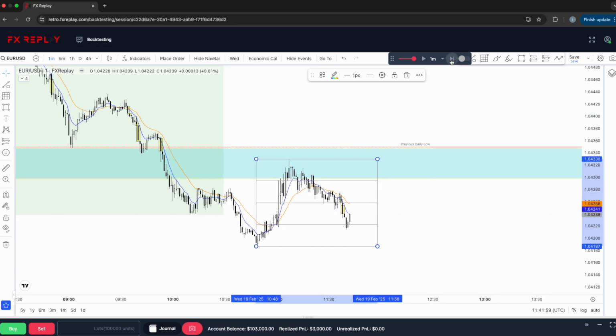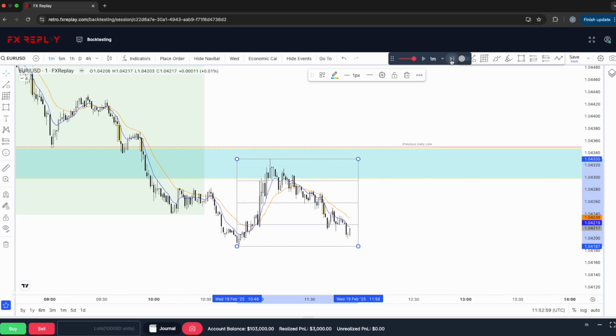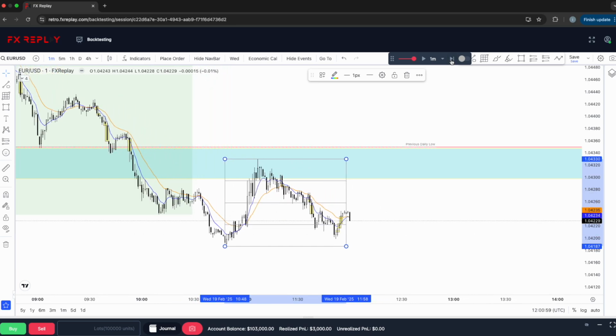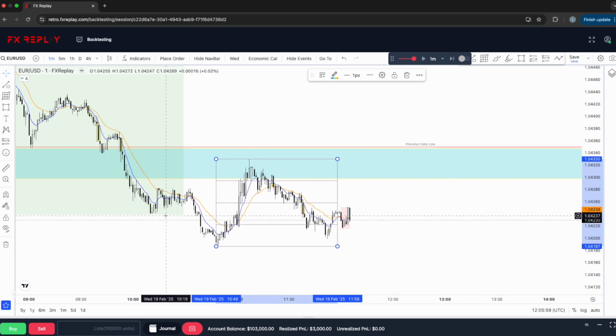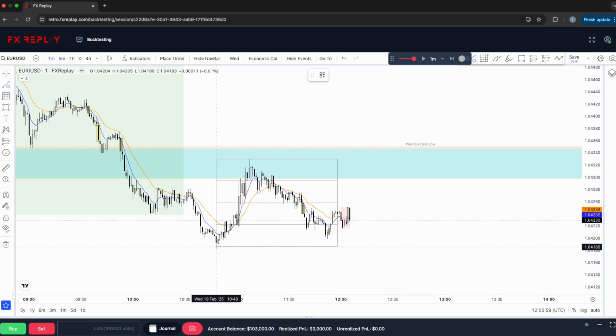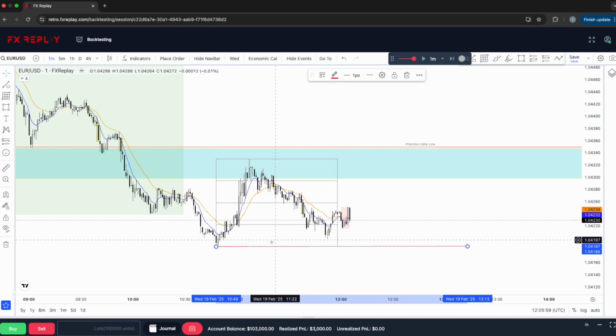Okay, EMAs have crossed over. Okay, perfect. I think this area is going to be a bit tricky. It's just that this is the London lull session low, and it's like a liquidity area. I would still take it as part of my plan, but it's just something to note.